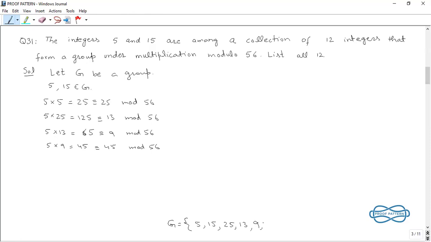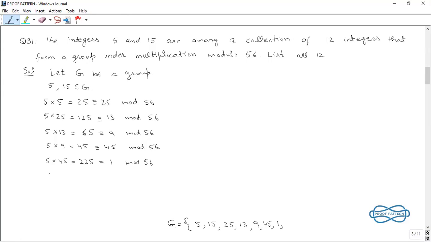So this 45 is an element. So far we have found 6 elements, and now 5 multiplied by 45 is equal to 225, and that is congruent to 1 mod 56, and this one will be the identity element of this group.